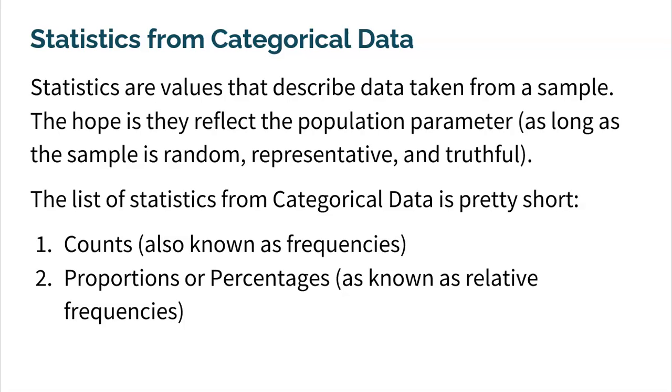Now, as long as the sample was random, representative, and truthful, we should be able to say with pretty good confidence that 18% of all Skittles are probably green. Now listen, if our sample showed 18% that are green, it doesn't mean that the population is also guaranteed to be exactly 18%. But if that sample was random, representative, and truthful, I bet 18% is a pretty close approximation of all Skittles that are green.